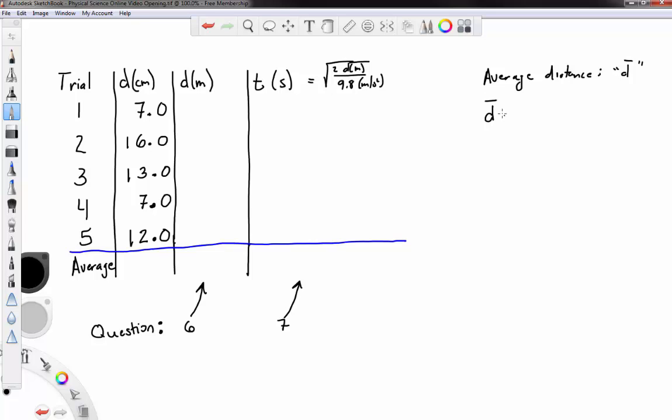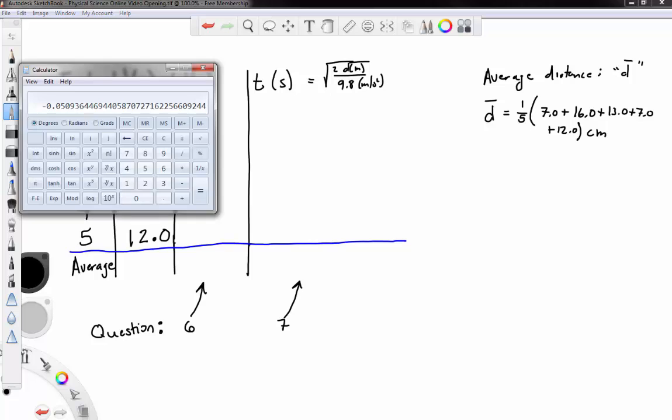So D bar is equal to 1/5, because there are 5 trials, times 7.0 plus 16.0 plus 13.0 plus 7.0 plus 12.0, and that's in centimeters. So let us go ahead and plug all that into a calculator.